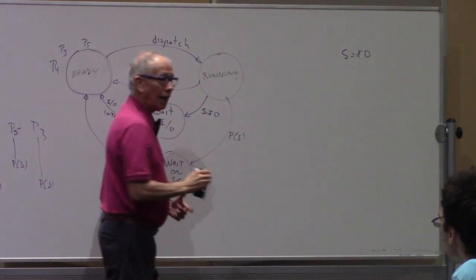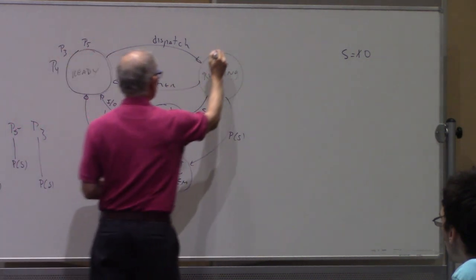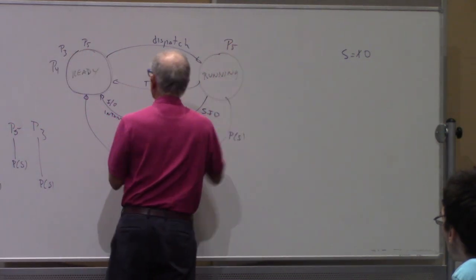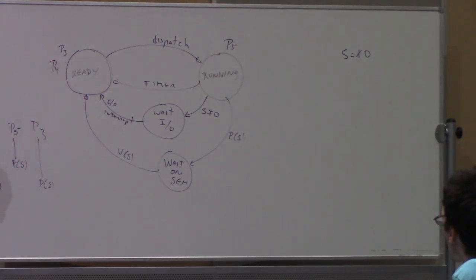and the CPU is idle. Each time the CPU is idle, the OS is going to apply the scheduling algorithm and it's going to dispatch another process. Let's suppose it dispatches P5. So P5 gets the CPU, and then it's running.